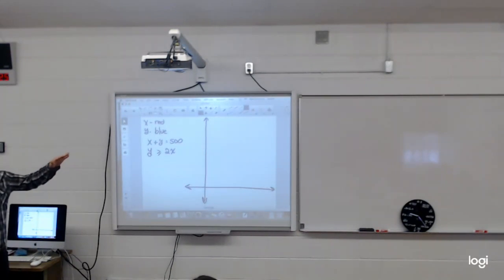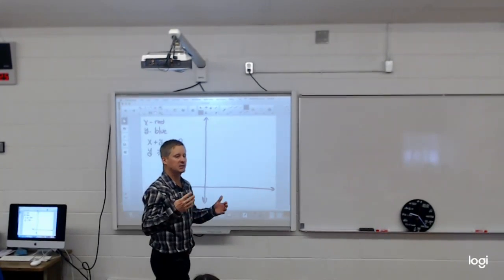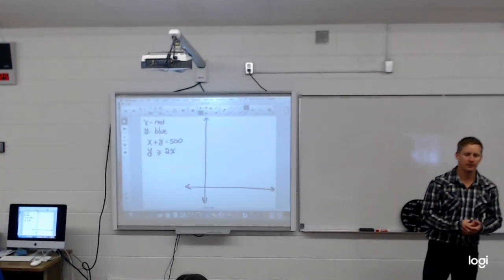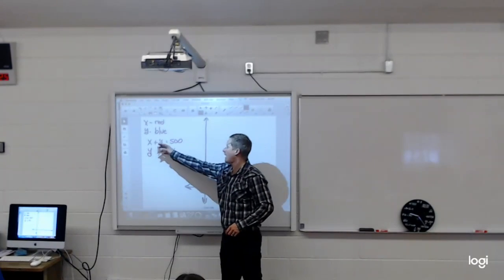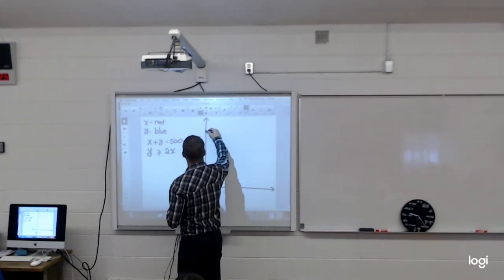So this is a perfect example, and when you have larger numbers, the best way to do the graph is to use your intercepts. Because if I put 0 in for x, what is y? 500, so that's right here.